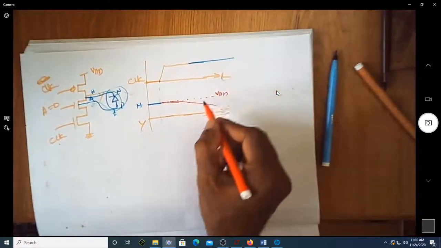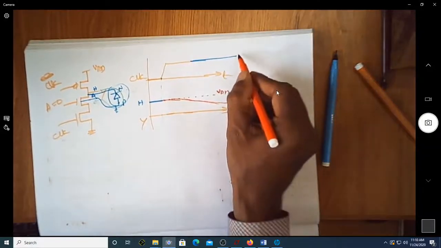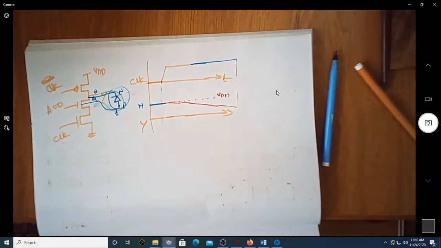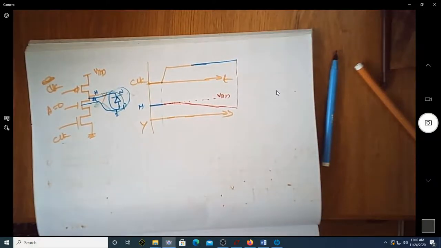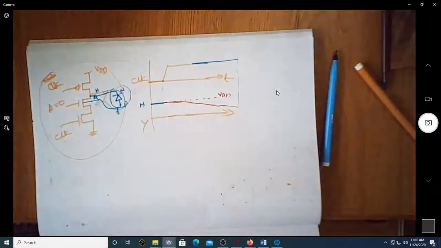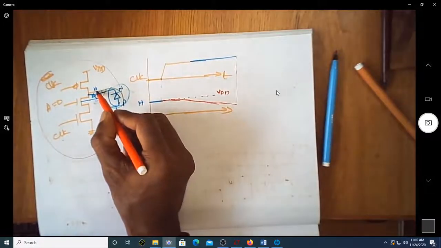Suppose it is there till this point. It was supposed to remain at VDD, but by this time the output would have been reduced to a very low value. So whenever you are implementing this type of dynamic logic, it is always necessary to handle this charge leakage.